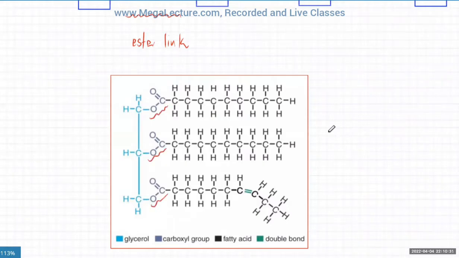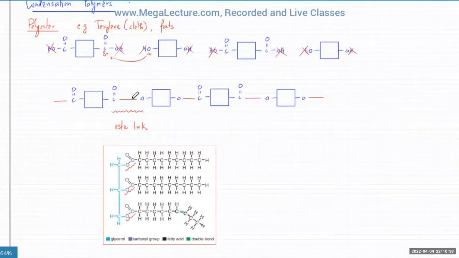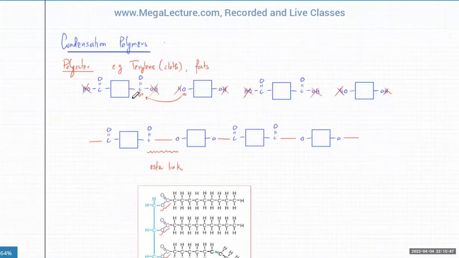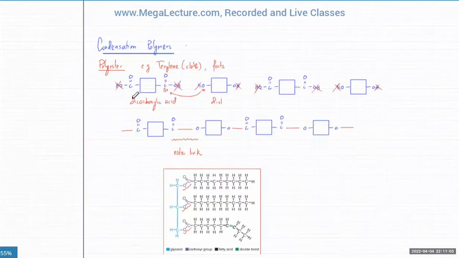So the word poly would probably not be applied to a fat, but it's kind of the same structure. It's groups connected together by these ester links. So that's basically an example of a polyester. It's a dicarboxylic acid, or any molecule that's got carboxylic acids on both sides, reacting with a diol. Those are your two monomers.